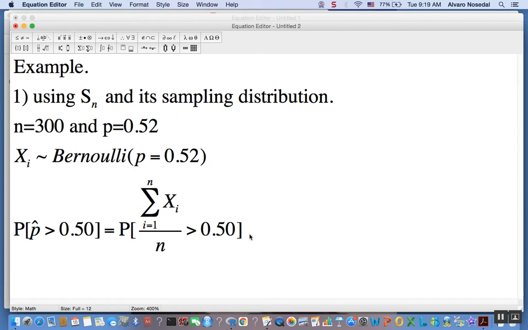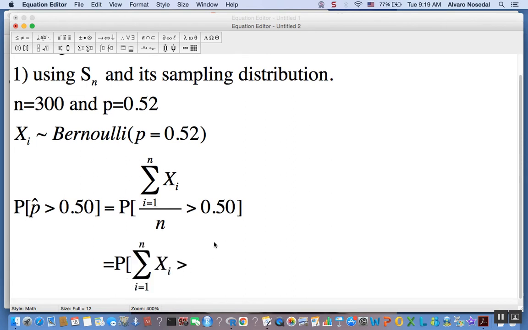If we multiply by n on both sides, that's the same as the sum of the xi's being greater than 0.5 times 300, which is just 150. Make sense?